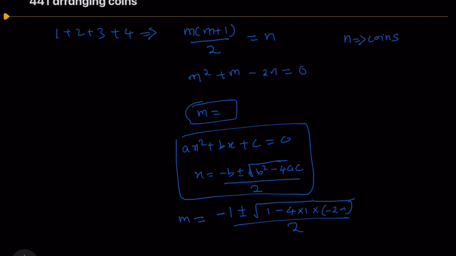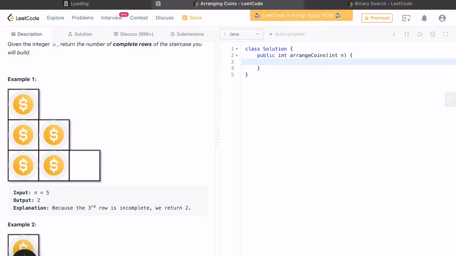Rows cannot be negative, so we can ignore the minus sign. So what we'll get is minus 1 plus root of 1 plus 8n over 2. So let's solve it like that.